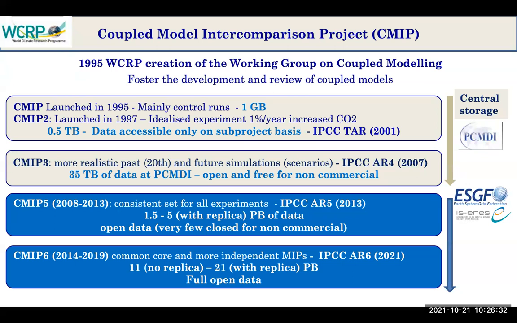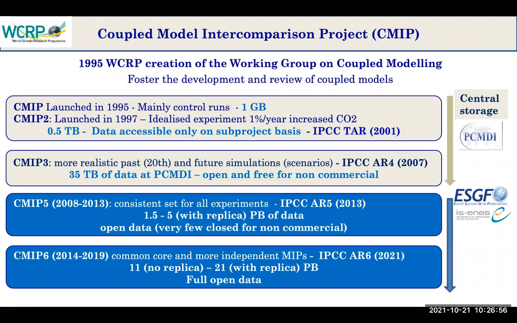And since CMIP5 and CMIP6, so the last two cycles, data are shared with the Earth System Grid Federation. For CMIP5, we were in the range of 1.5 to 5 petabytes of data, the two numbers being without and with replicas.